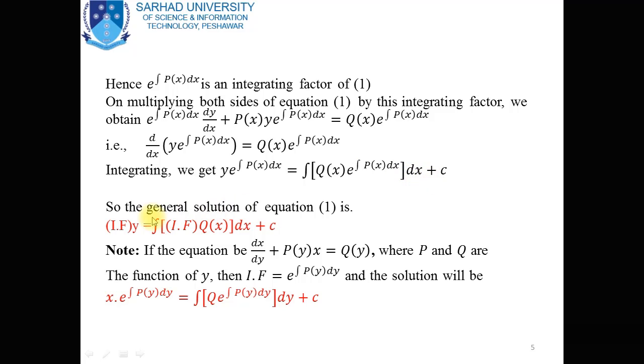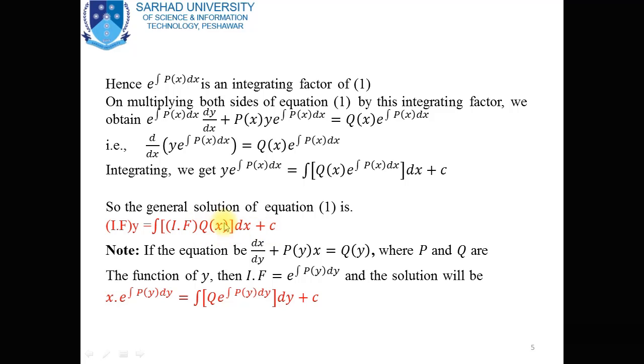So the general solution of equation number 1 is this: integral factor multiplied by the dependent variable is equal to integration of the product of integral factor and the q function with respect to x plus c.